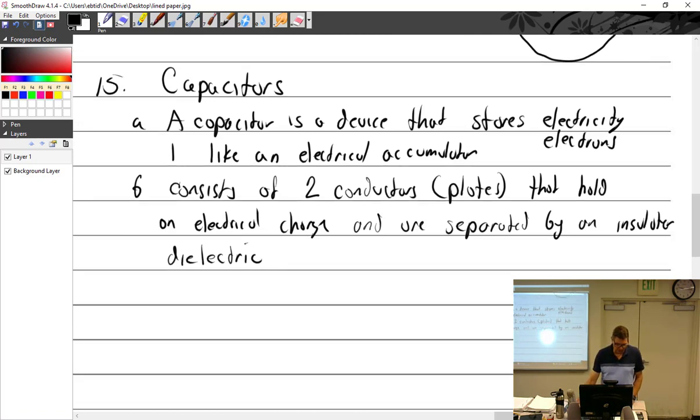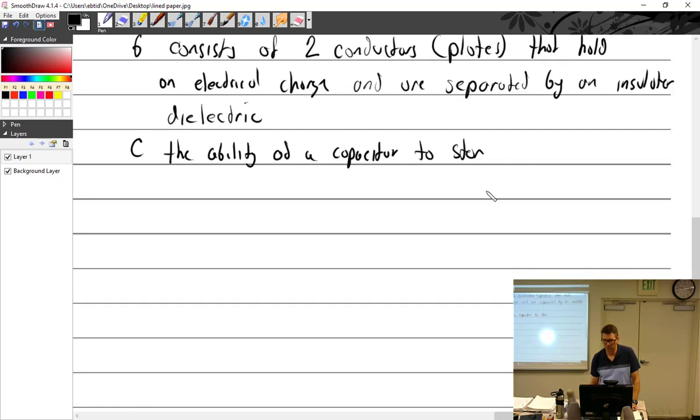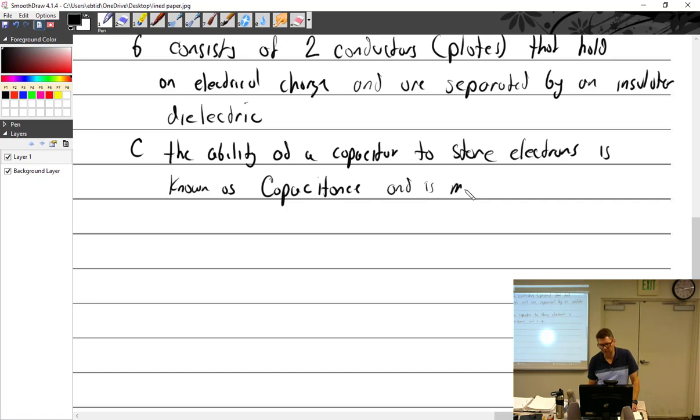The ability of a capacitor to store electricity, we'll say electrons, is known as capacitance, and is measured in farads.